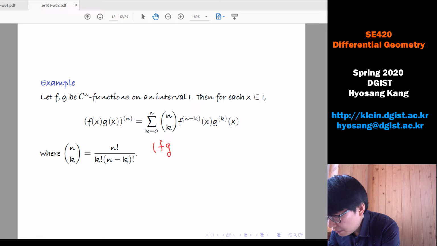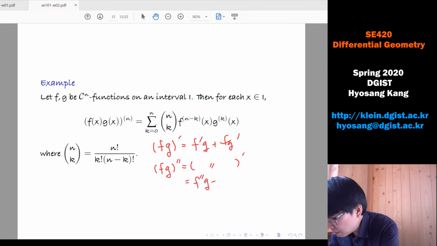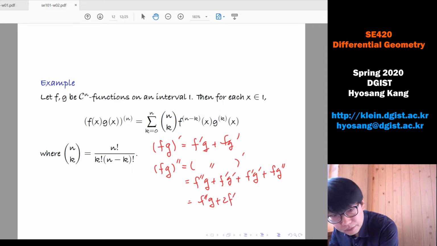We have (fg)' equals f'g plus fg', and what happens to (fg)''? We take another derivative of this sum. So we have f''g plus f'g' plus f'g' plus fg''. So we have f''g, 2 times f'g', and fg''.